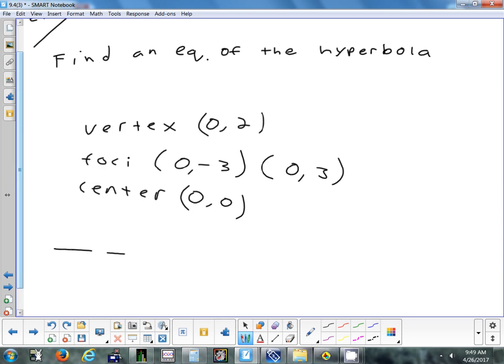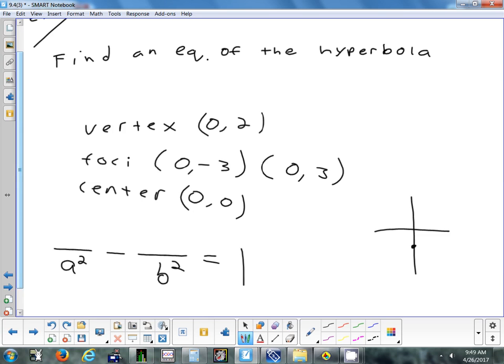Let's set up our template for the equation. A squared always comes first. B squared comes second. Think about the foci. If you graph the point 0, negative 3, and 0, positive 3, would those line up horizontal, or would they line up vertical?